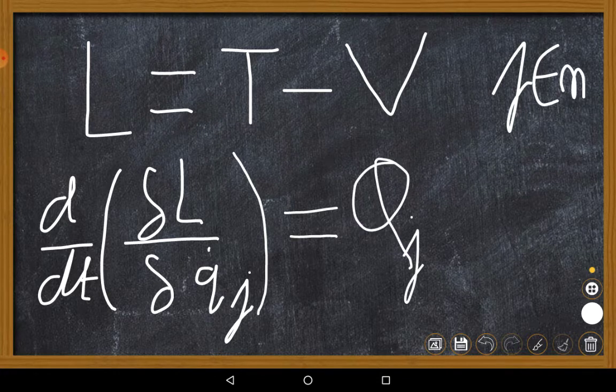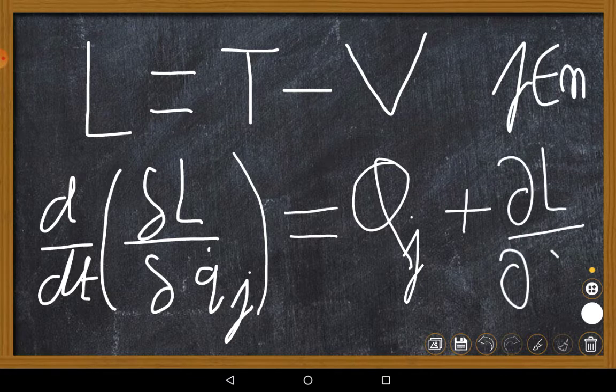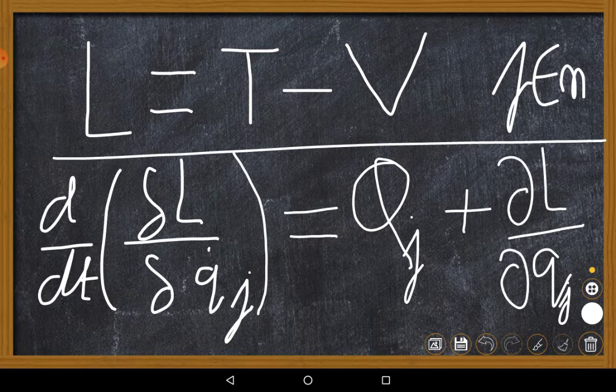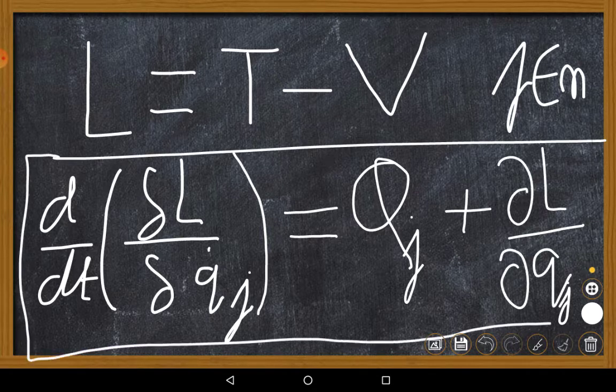What is this new term? I'll tell that, plus the partial of L with respect to the partial of Q j. Look at this equation carefully. This is a new equation, the same Euler Lagrange modified and revamped to be applicable in engineering dynamics.